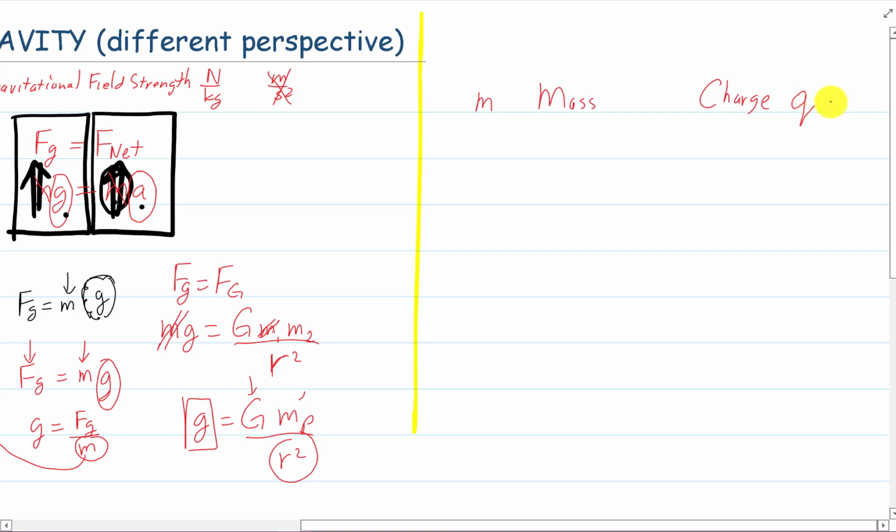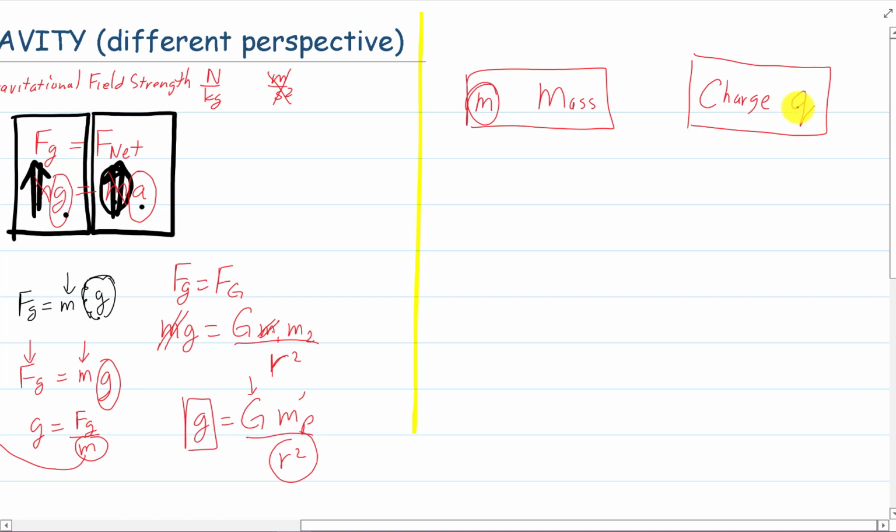That's its value, that's its letter. Sounds good that you could just get rid of m's and change them to q's. Masses are what causes gravity. Electrostatic forces need charges. Gravitational forces need masses.